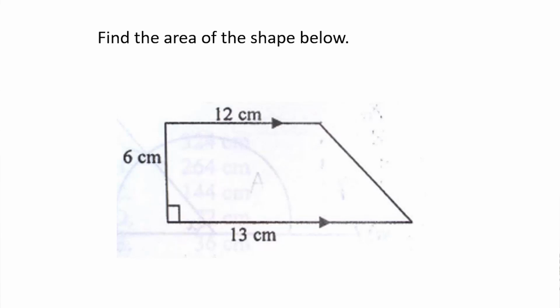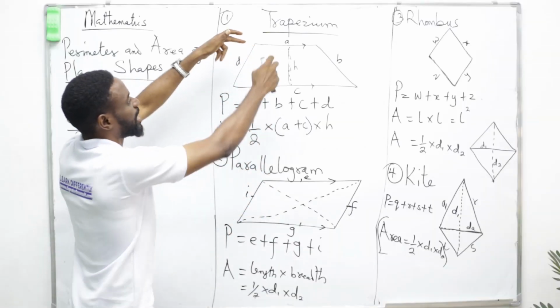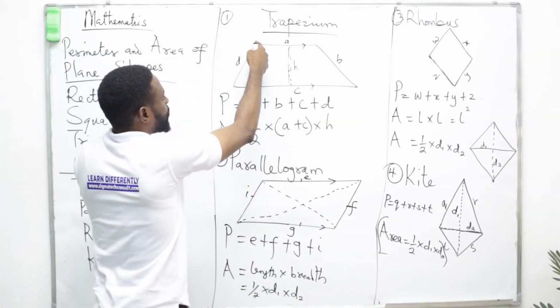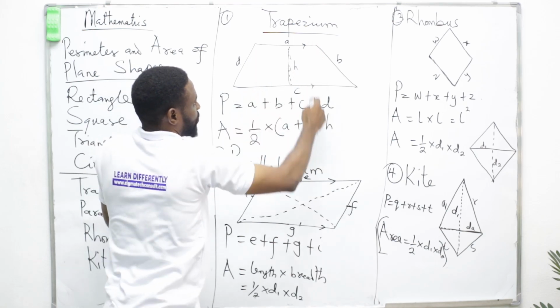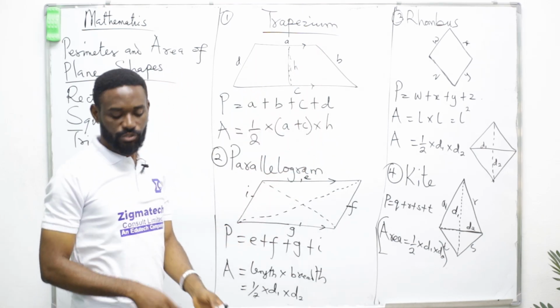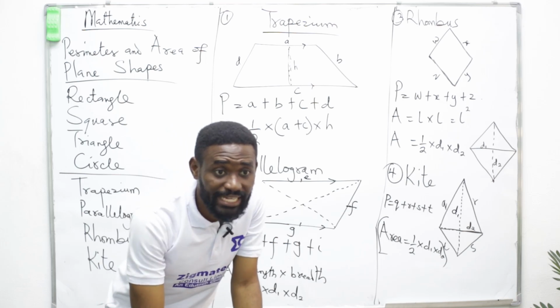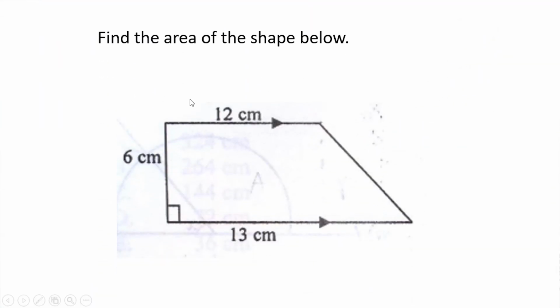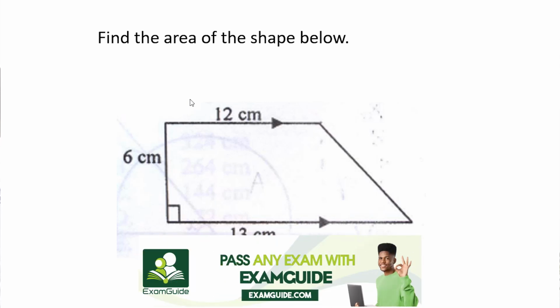Okay, we have a rectangular trapezium and we have a triangular trapezium. This one is called rectangular trapezium because it's almost looking like a rectangle. Okay, while a triangular one is the one I drew for you here. This is more like a triangle. You can form a triangle here and a triangle here. Okay. So they said we should find the area of the shape below. So let me get that. Let's see how to solve that quickly.